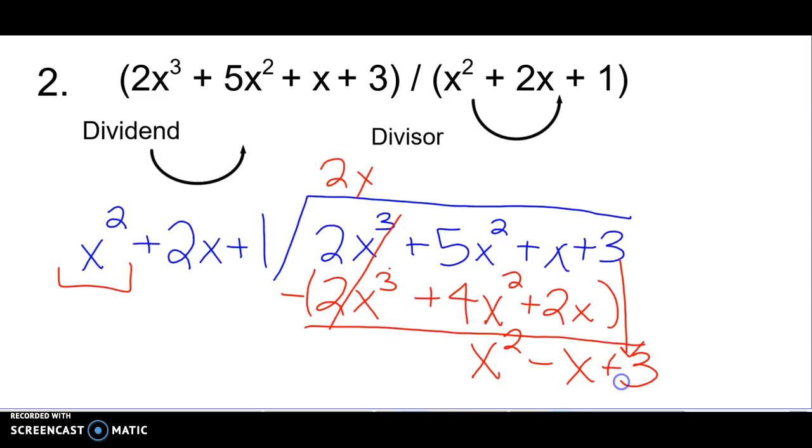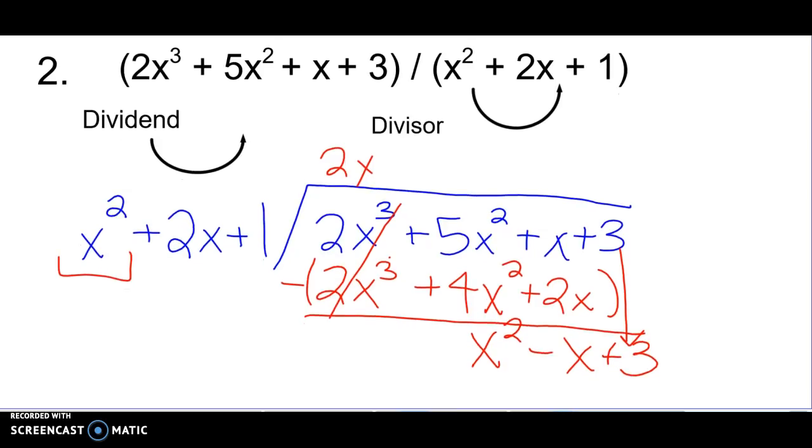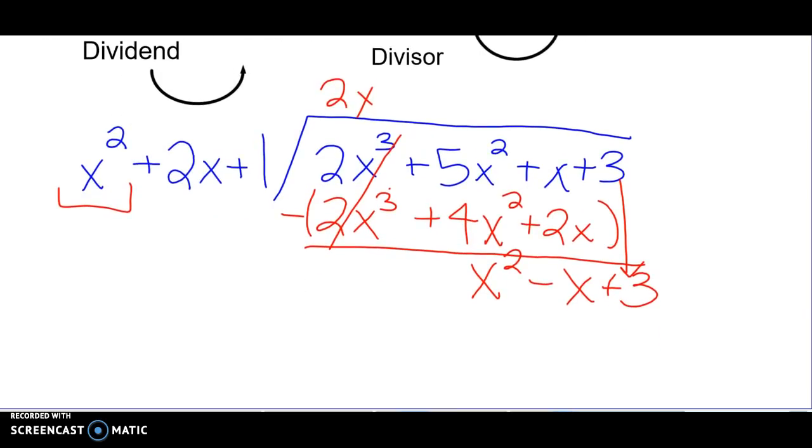Great. And do it again. So, super simple, x squared times what gives you x squared? 1. So that multiplication just kind of brings down your divisor.